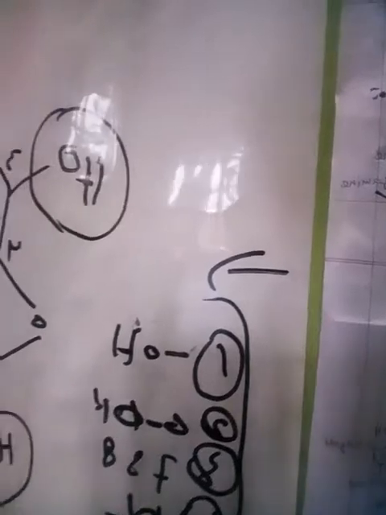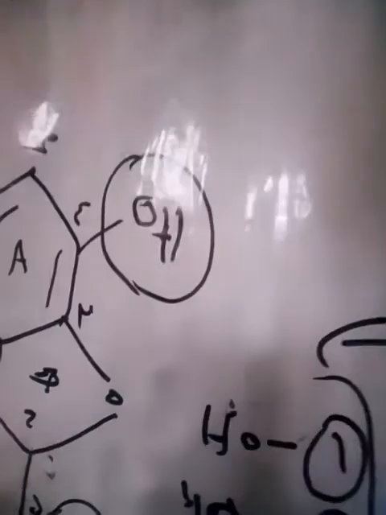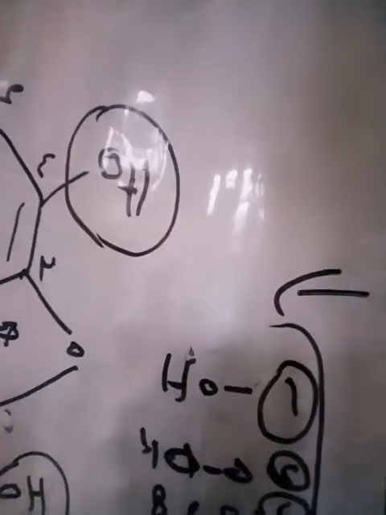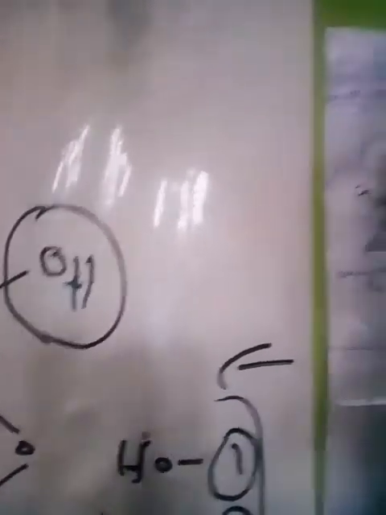These are the factors which determine the activity of morphine. If we make modifications, we see whether the activity decreases or increases. This we are going to see in the field of medicinal chemistry.